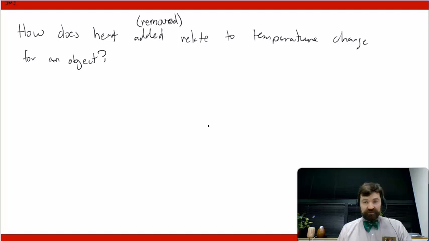Let's say I have two otherwise identical objects, but one of them is a lot larger than the other. If I were to add the same amount of heat to both of them, which one would I expect to have a bigger temperature change?